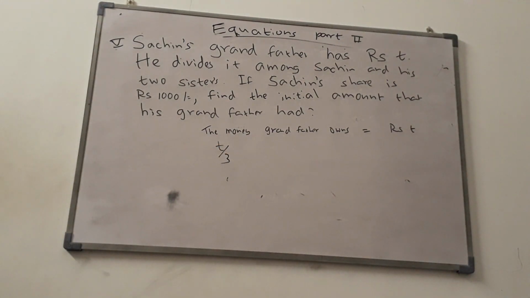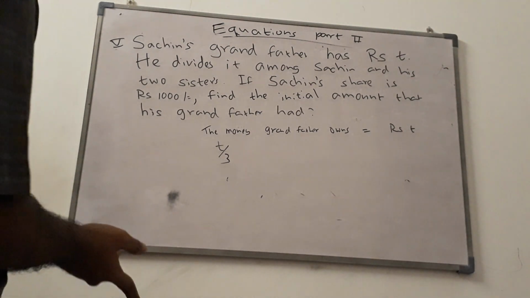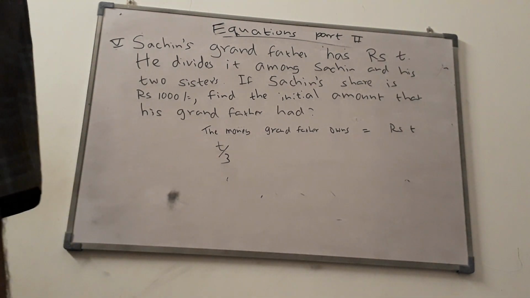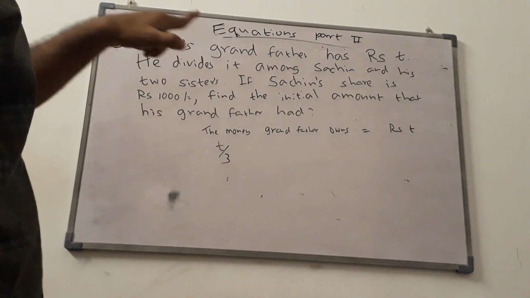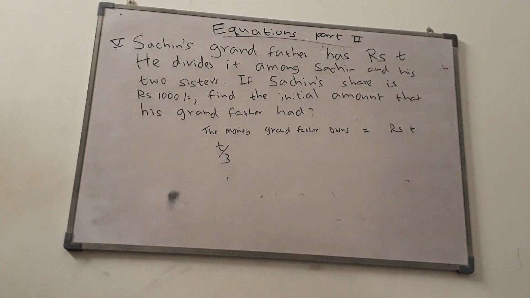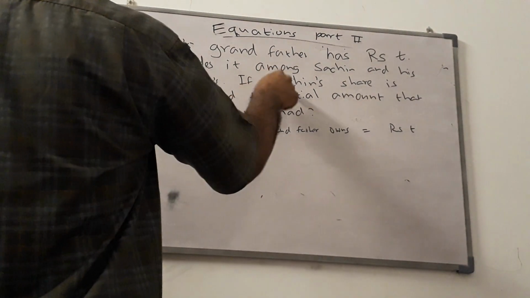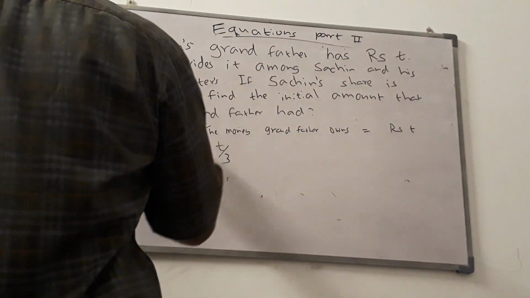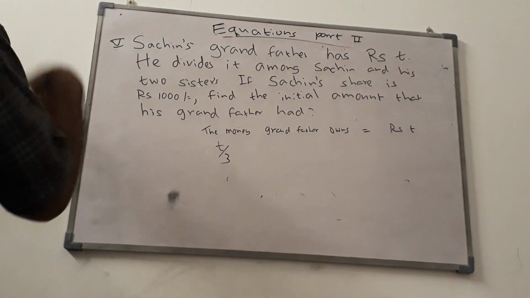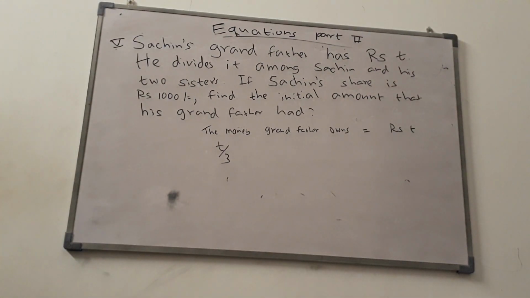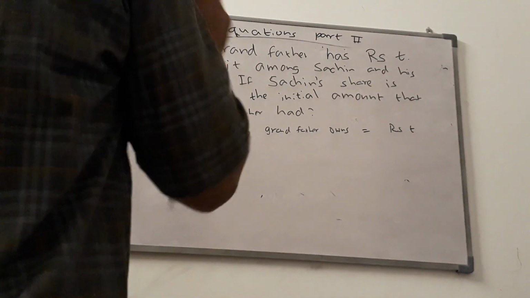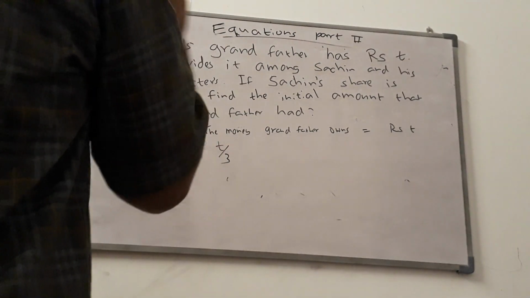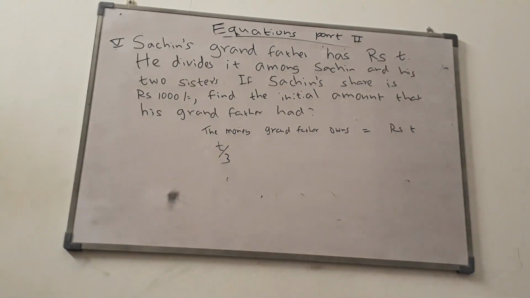Sachin's grandfather has T rupees. He divides it among Sachin and his 2 sisters. So each has 1/3 of T. T divided by 3 is Sachin's share as well as his elder sister's share as well as his younger sister's share. So altogether it is T. There are 3 children, so one's share is T divided by 3.